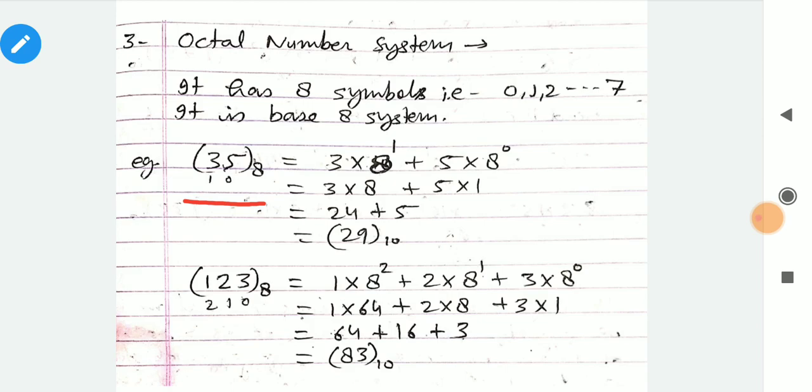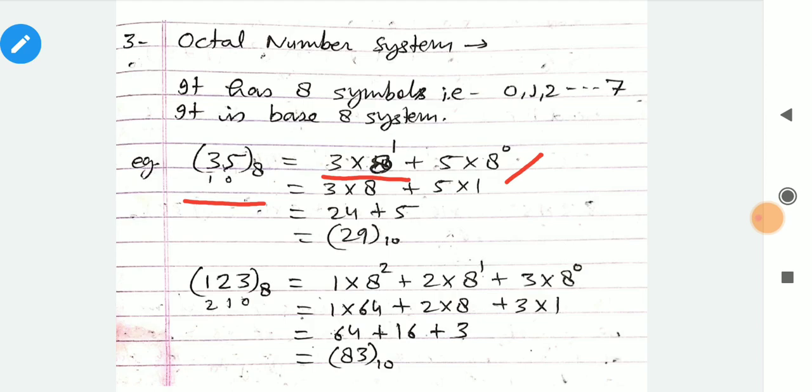Again, the same thing as in previous examples: 5 is at the 0th position and 3 is at the first position. So in 3 into 8 to the power 1, 1 is the power, that is the place of 3, and 5 into 8 to the power 0. Why 0? Because 5 is at the 0th position.